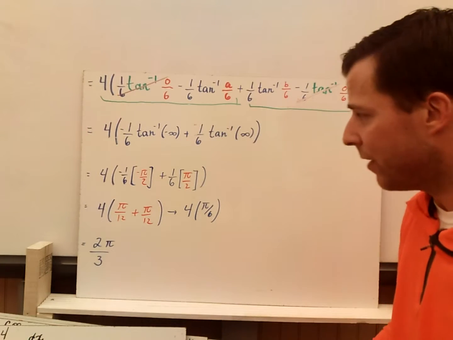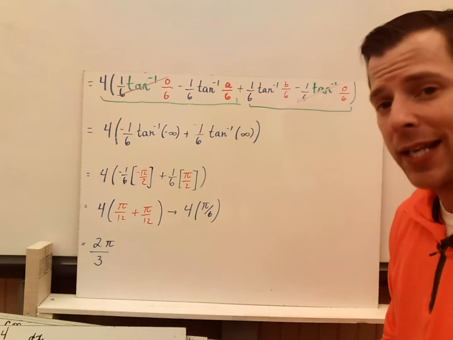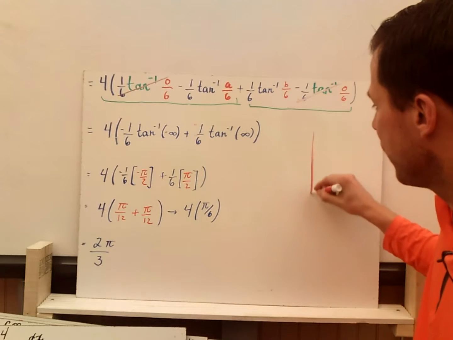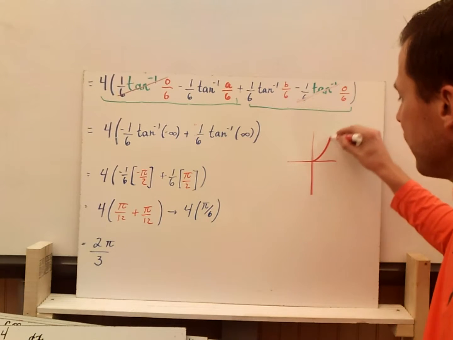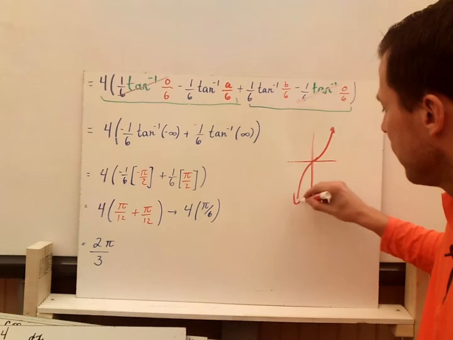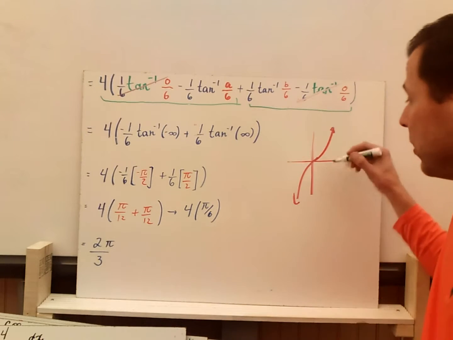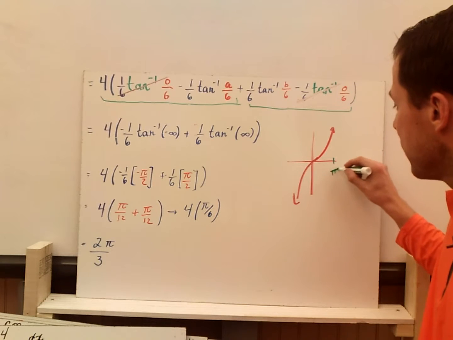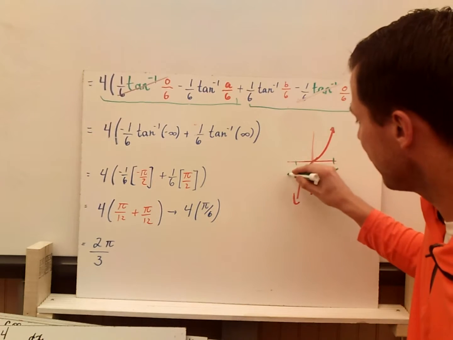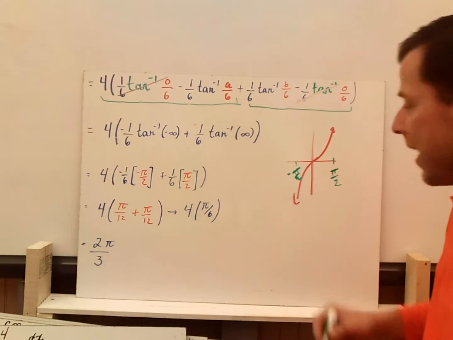Now I have to say, when does tangent go to negative infinity? If you think about the graph of tangent, the angles that give us infinity and negative infinity are pi over 2 and negative pi over 2.